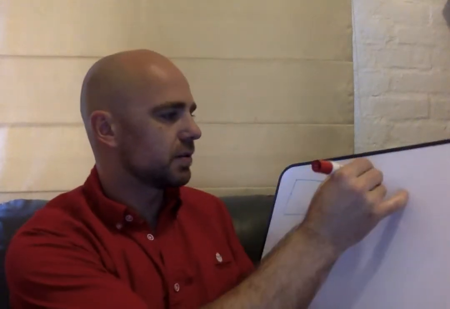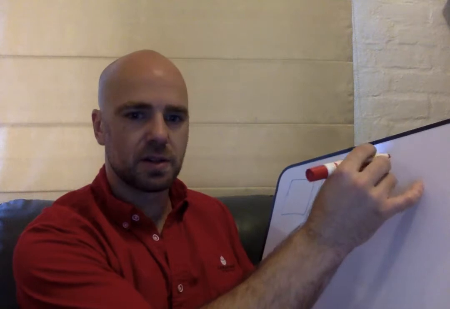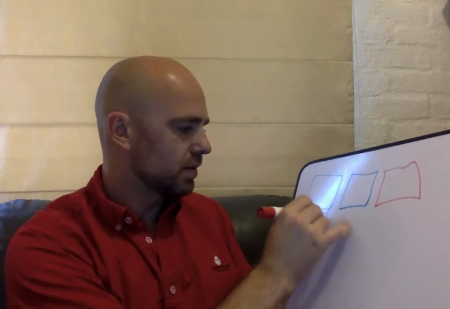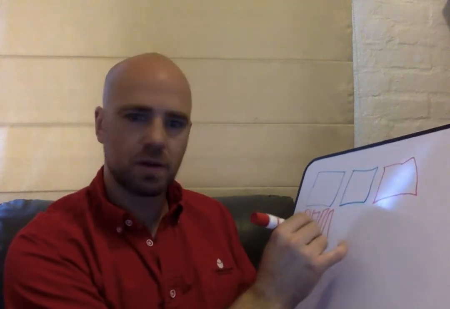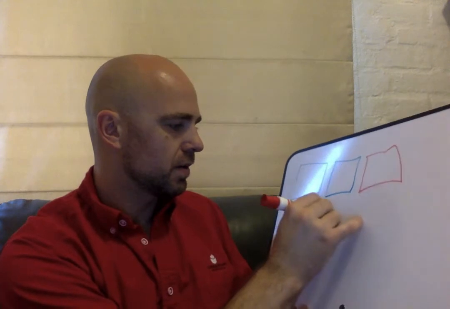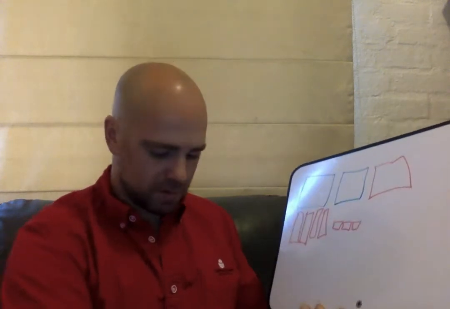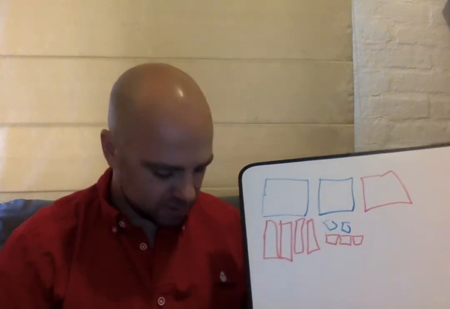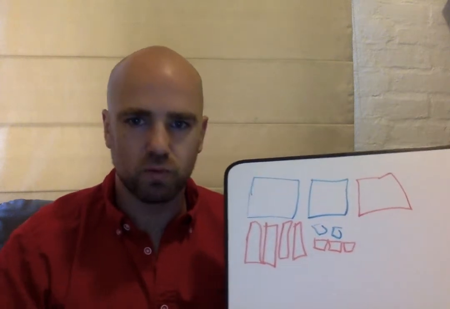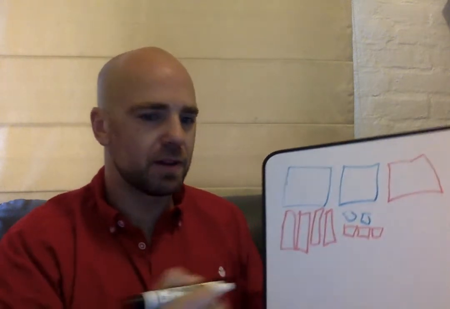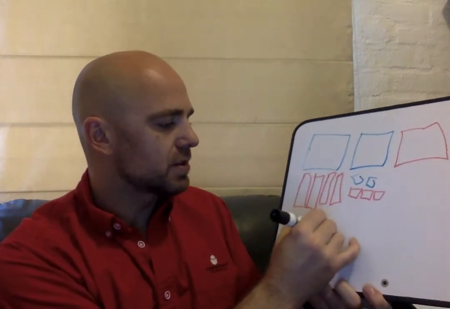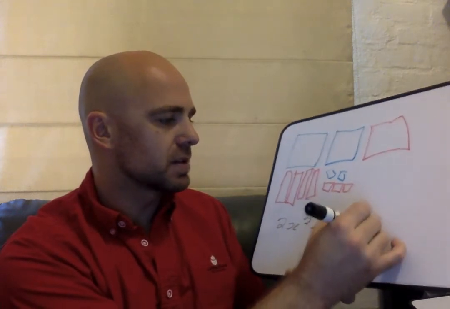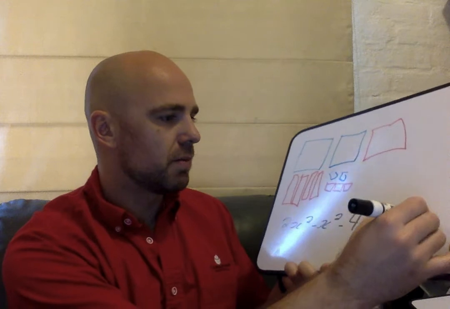If we've got something that looks like this, and if I was to write it out, I would have something that might look like this: 2x squared minus x squared minus 4x plus 2 minus 3.